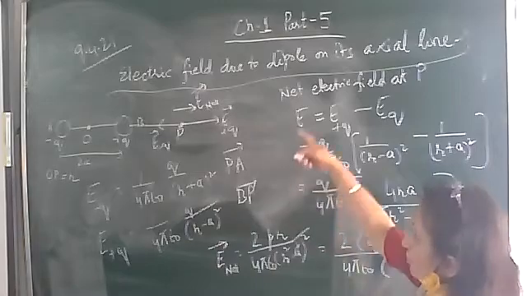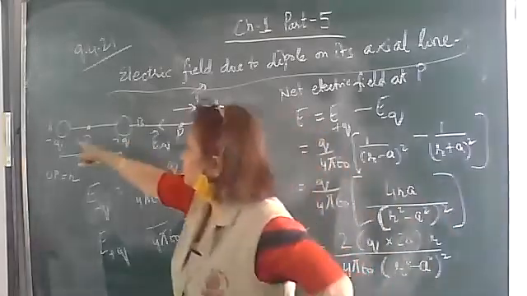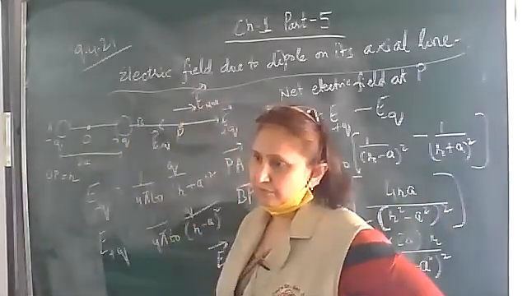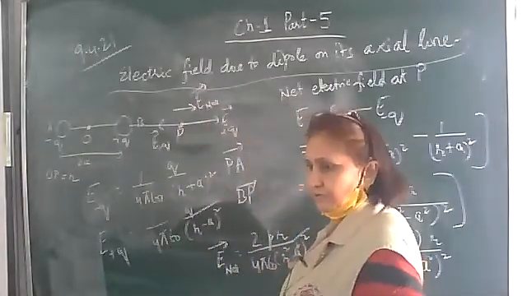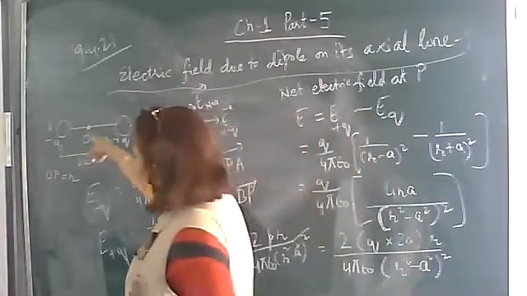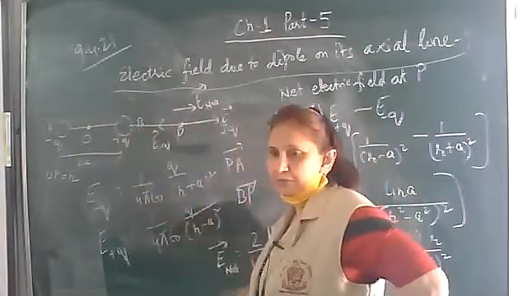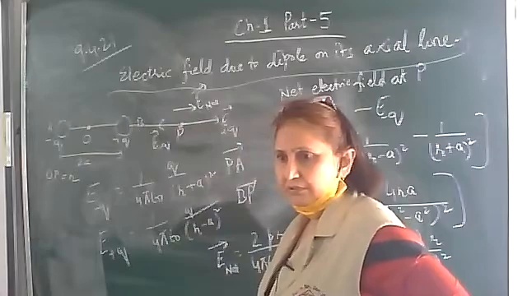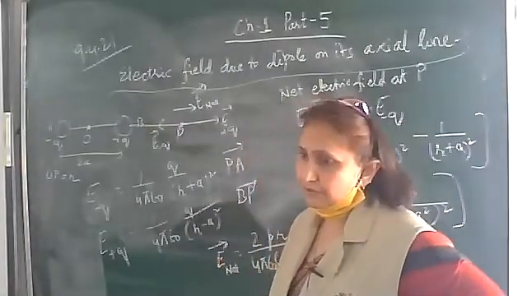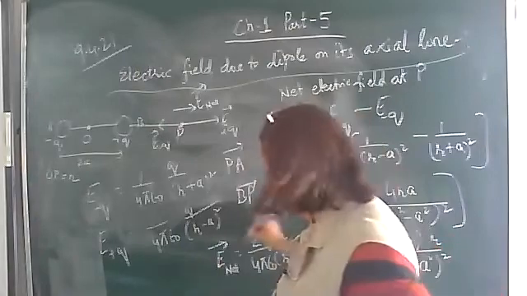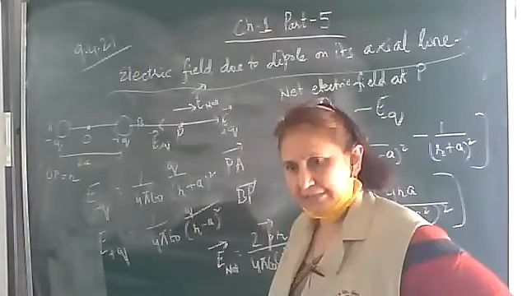BP vector, along BP, that is BP is from minus q to plus q. So either you can write over here minus q to plus q, and minus q to plus q is the direction of the dipole moment also. So the electric field is acting along the direction of dipole moment. So E and P vectors both have the same direction.